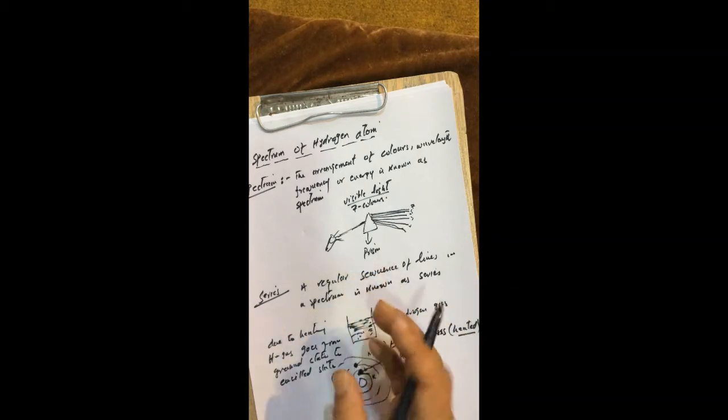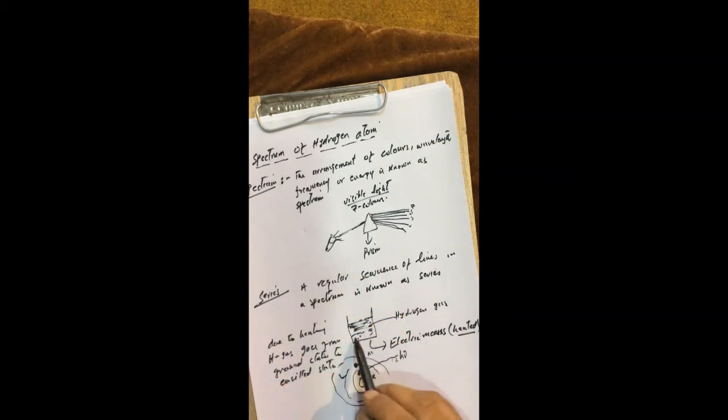Now here we have billions of atoms, and we are continuously providing heating by some electric means. So after heating, all the atoms inside this gas got excited. Some of the electrons move from K to L, some from K to M, some from K to N, some from K to O, and so on.